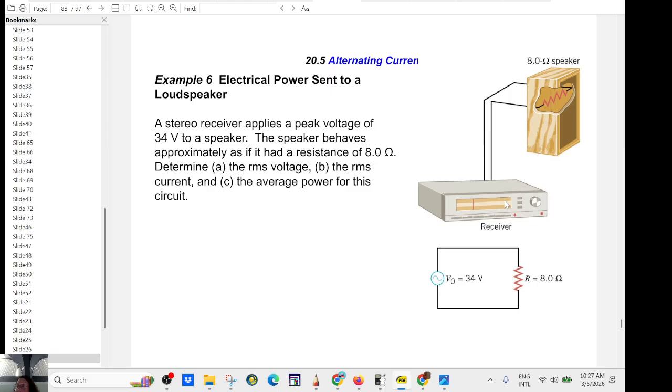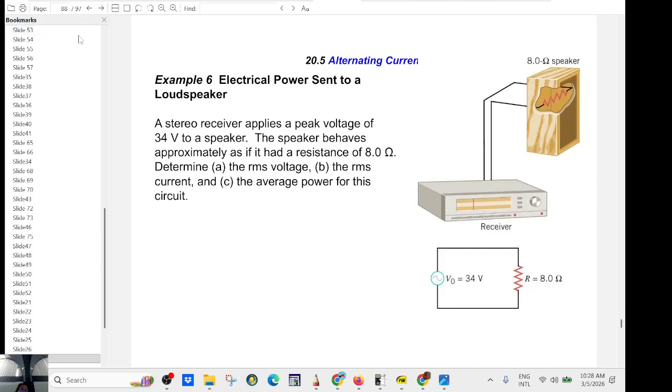That's what is going on in that charger, because my laptop cannot take AC, can only take DC. So it's converting 120 volt to 20 volt. But if you have an audio system, no, you don't want DC, you want AC. You want something to move with time because of sound waves. So in that case, even though you have AC, you can apply Ohm's law only if you're using the RMS.